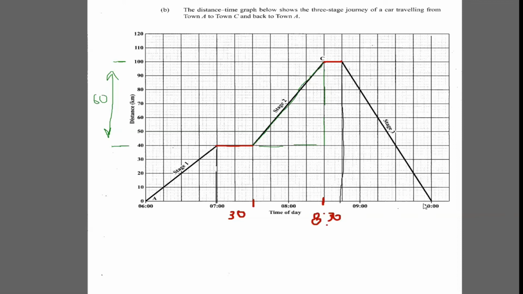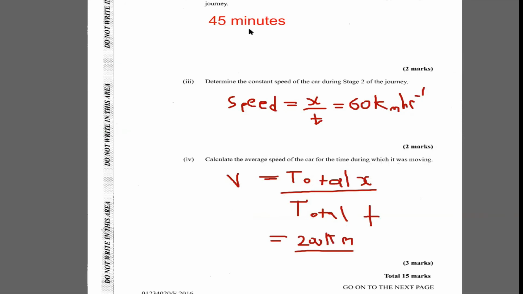And then you have the 2 hours. So 1 hour driving here, 1 hour driving here. That's 2 hours plus another hour, 3 hours plus the 15 minutes. So that's 3 hours and 15 minutes to be driving in total.